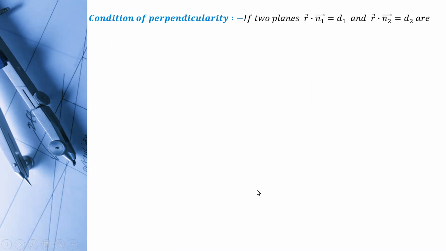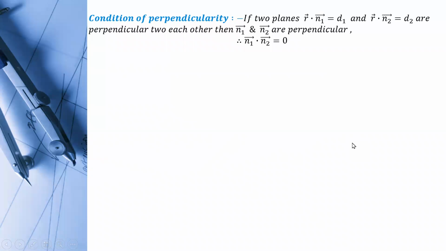So if cos 90 is 0, then the dot product of vector n1 and vector n2 will be 0, and the angle between these two vectors n1 and n2 will be pi by 2, that is 90 degrees. Now if the dot product is 0, we can write the Cartesian form also, that is a1 a2 plus b1 b2 plus c1 c2 will be 0. If this value is 0, that means the planes are perpendicular to each other.